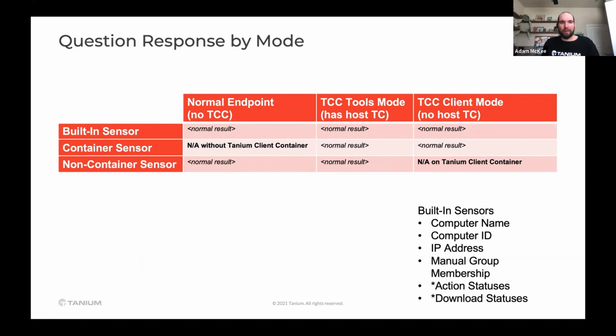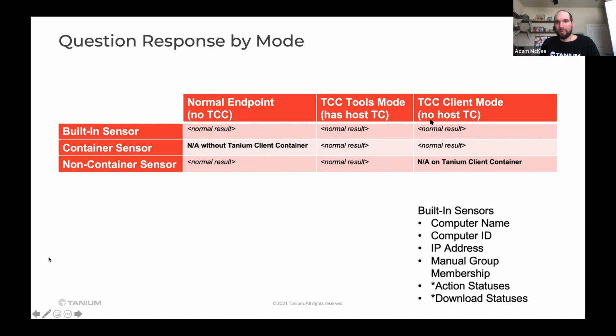Right. Any more slides, or are we ready to move to demo? Just one more slide, because again, to see whether it's a tools mode versus a client mode container, you can expect different answers in your environment, and I want people to understand that if you don't mind. So a normal endpoint with no Tanium client container, you'll see not applicable without the Tanium client container for any container sensor.